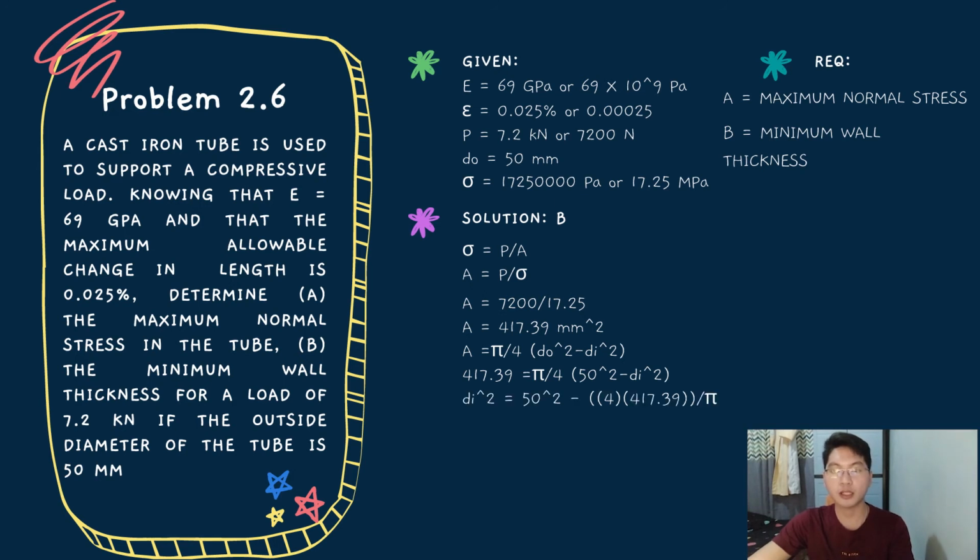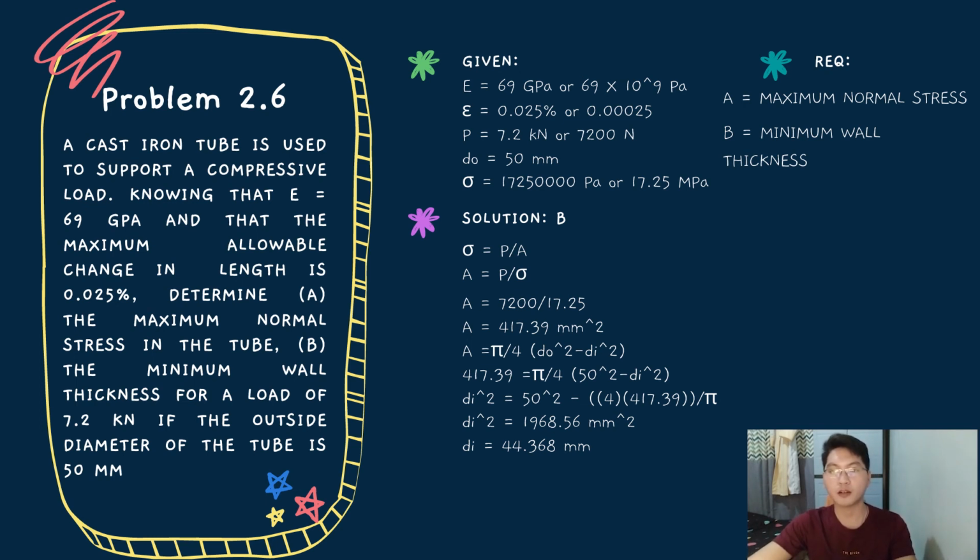So di squared is equal to 50 squared minus 4 times 417.39 over pi, which is equal to 1968.56 mm squared. Since di is still squared, we need to apply the square root to both sides. By applying the square root, di is equal to 44.368 mm.